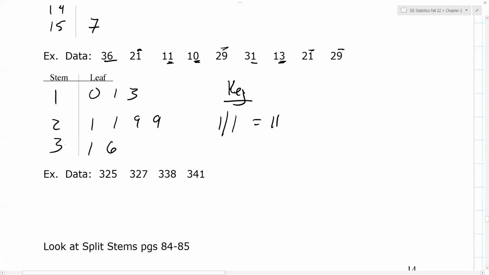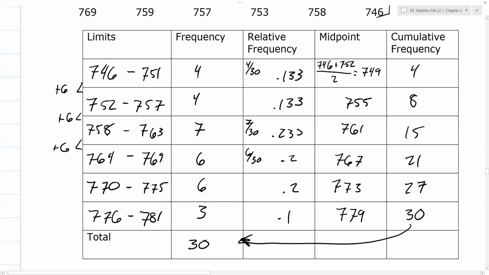I can't do that with a histogram. If I go back to my histogram and I say, oh, I have 4 values between 746 and 751, do I know what those 4 points are? I don't. I lose the fidelity of the data when I create a histogram, which is a downside of a histogram.